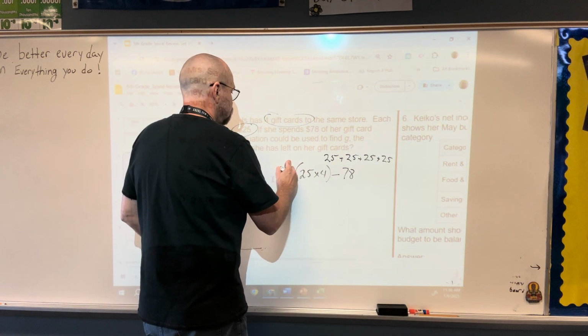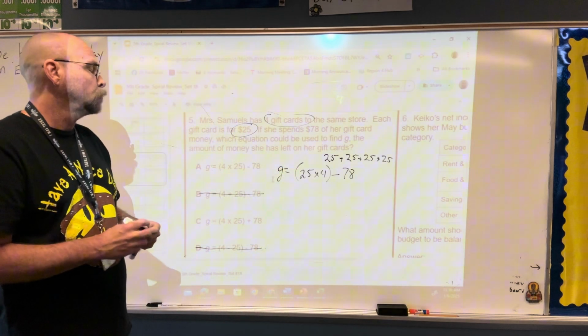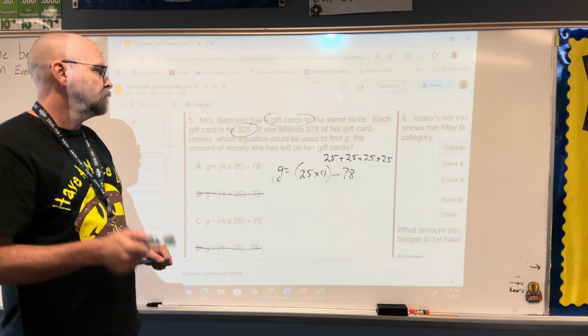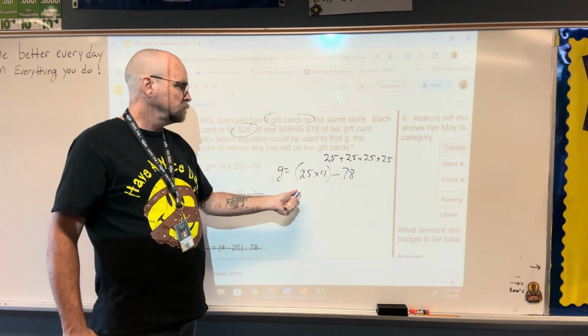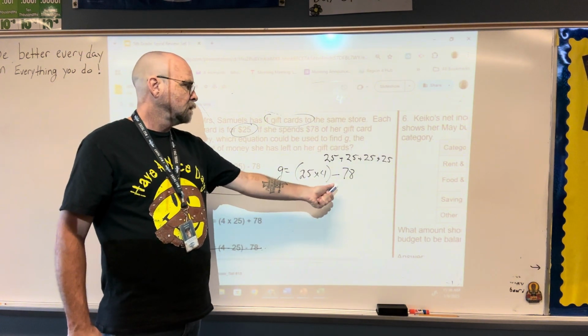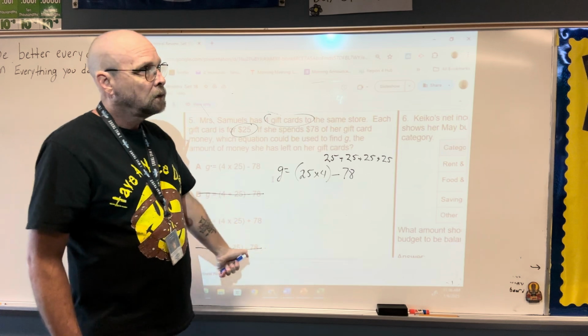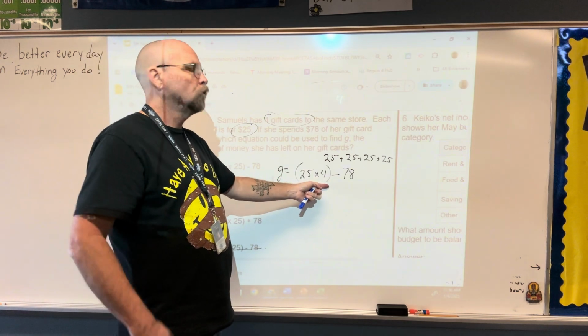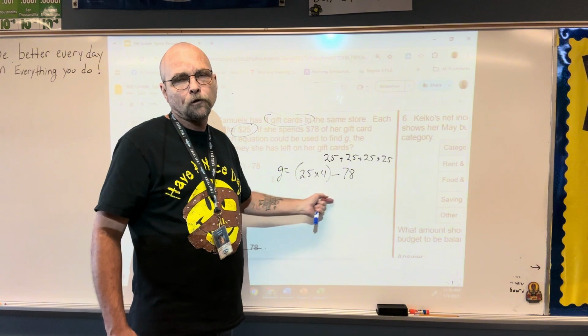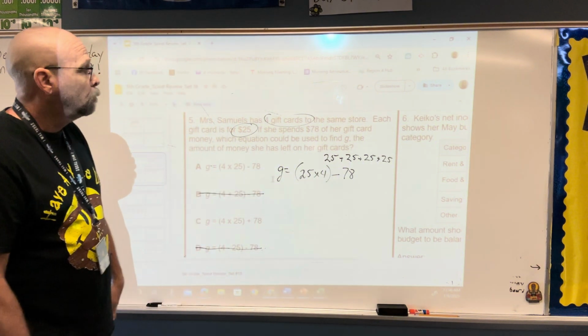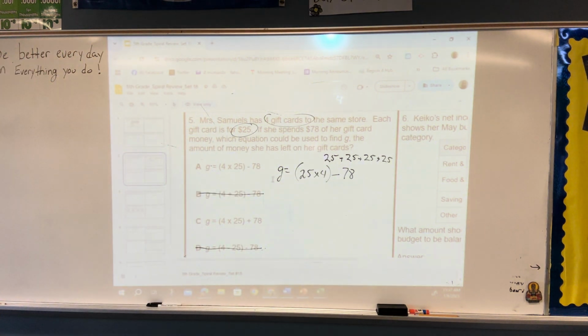And so G equals 25 times 4 minus 78. Parentheses there because I want to make sure I do that first, even though multiplication does come before subtraction. So 25 times 4, if I wanted to solve it, would be 100 minus 78. So boom, shakalaka, that would be how you do it.